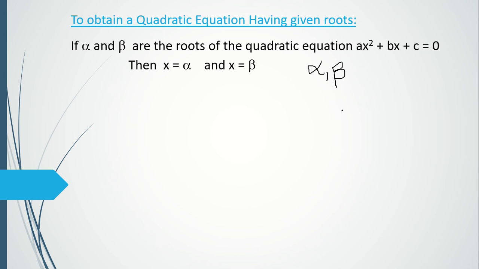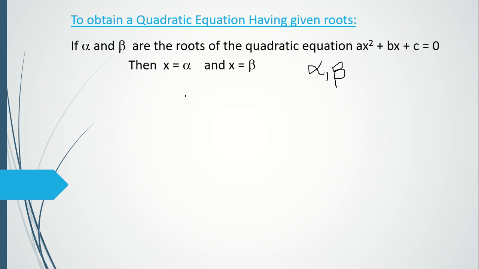Now the equation is not given. So if alpha and beta are the roots of a particular equation, x means any variable, it could be m or any variable in which that particular equation is. So x is equal to alpha and x is equal to beta. These are going to be the two solutions or two roots.